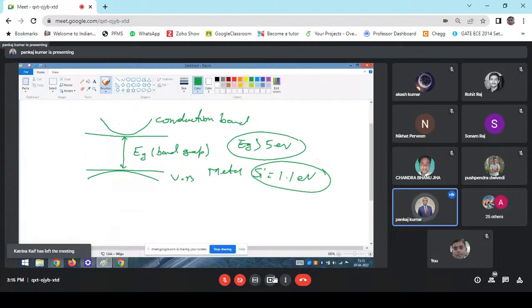And one more thing, suppose a silicon atom is there and we dope it with both p-type and n-type impurities, that is, with group 5 pentavalent and group 3 trivalent elements. Then it will become n-type or p-type depending upon the concentration of these impurities.